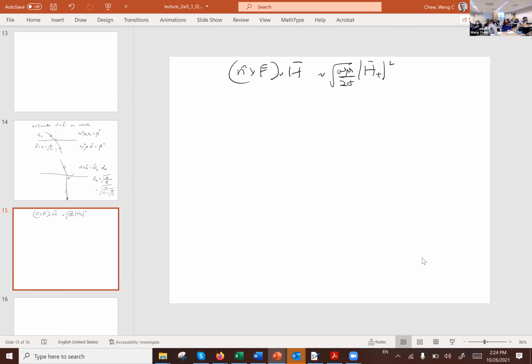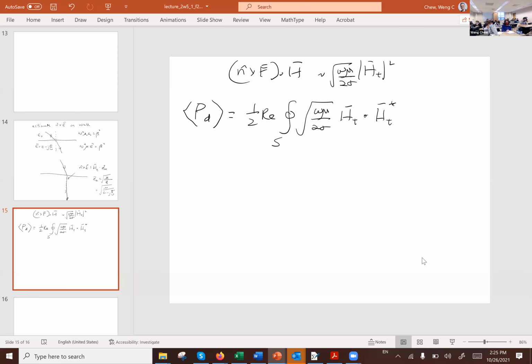Omega mu over 2 sigma. If you plug in all the values for Z sub m properly, the higher the conductivity, the smaller this value is. So finally, you'll find that the power dissipation is going to be half the real part of the surface integral of the tangential E field, which is going to be very small, reflected by this formula, dotting with the other tangential H field.